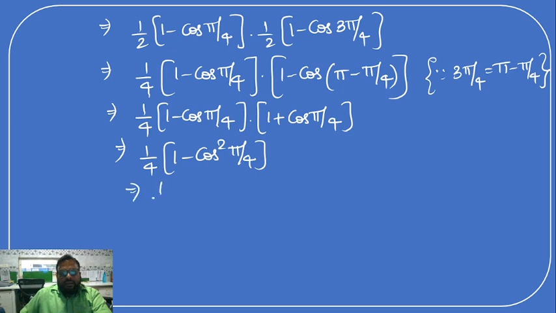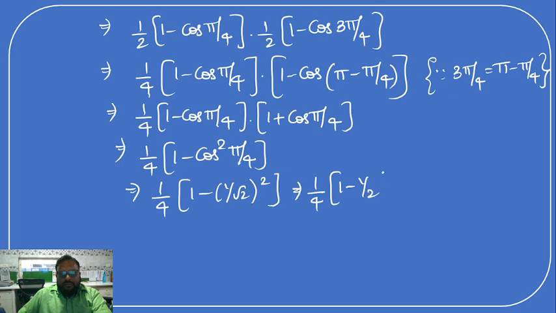So this will be 1/4 into (1 − 1/2), which is 1/4 into 1/2, that is 1/8. Therefore, the value of the given expression after solving is 1/8.